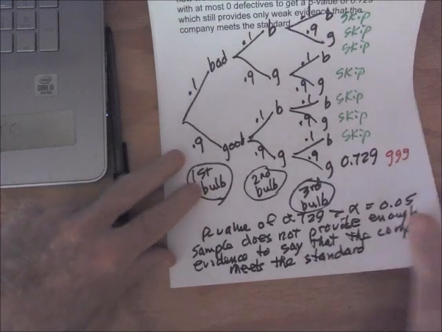Okay, the sample size is just too small, even with no defectives. So let's see what happens with a bigger sample.